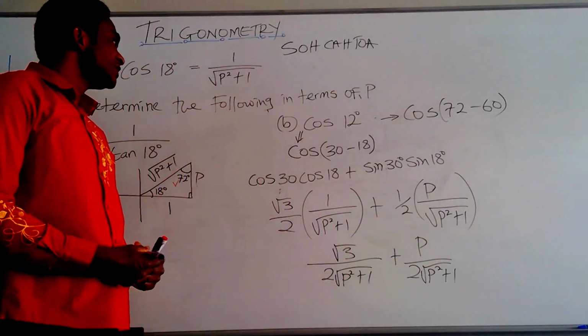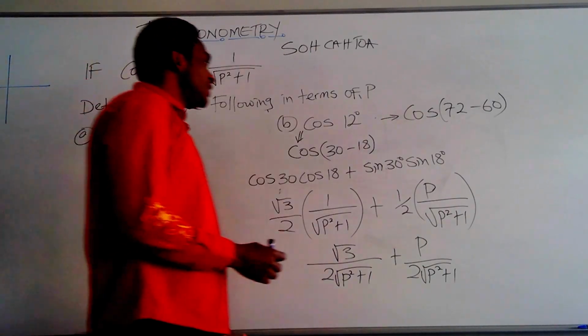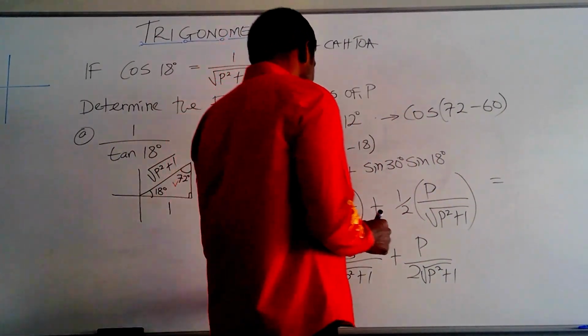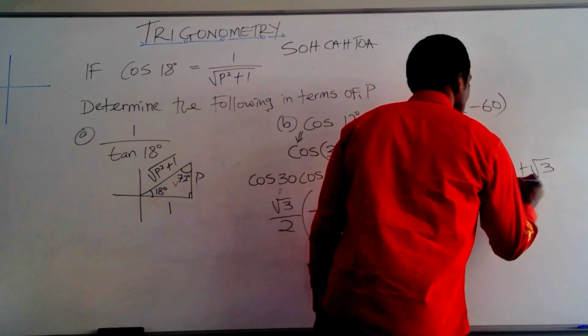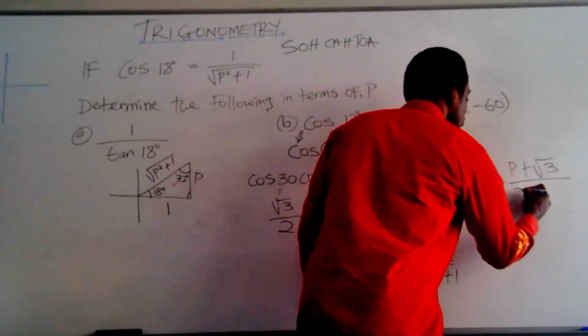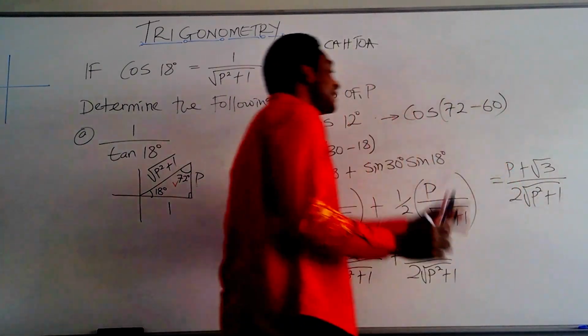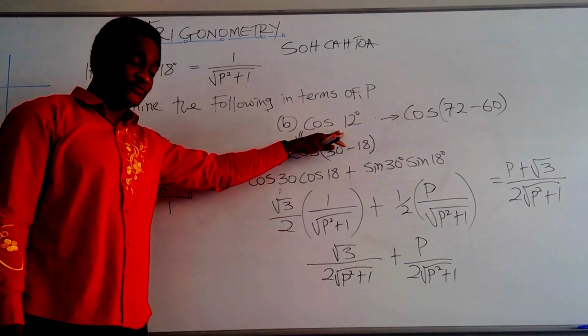If we take LCD, it gives us a definite answer. So here we have our answer as p plus root 3 all over 2 root p squared plus 1, and that is the final answer in terms of p for cos of 12.